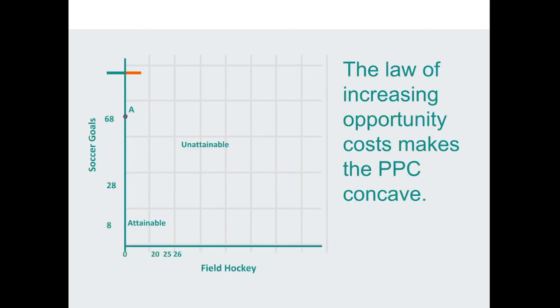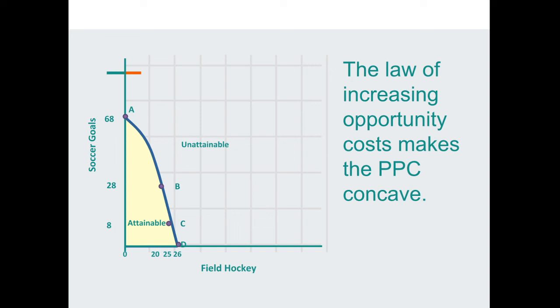Okay, so you see we put the notes in there on the side. The law of increasing opportunity cost makes the production possibility curve concave. Okay, so anything to the left of the PPC curve is attainable. Anything to the right of the curve is unattainable. Right, now we can take this graph and we can do it with two goods.